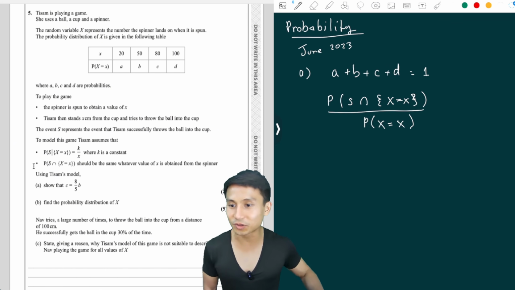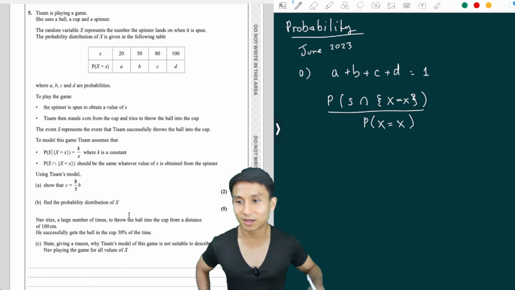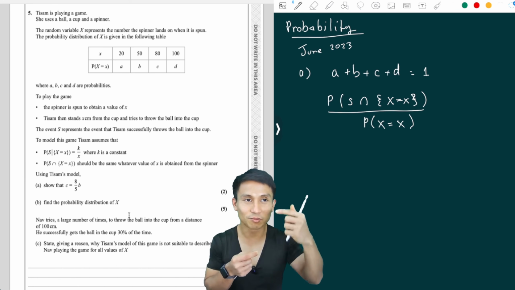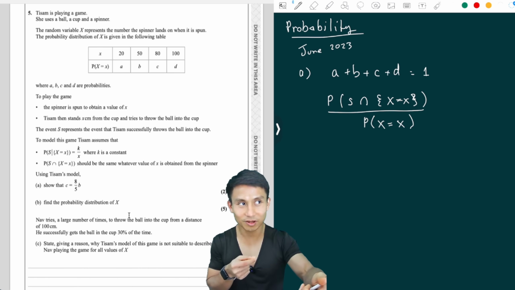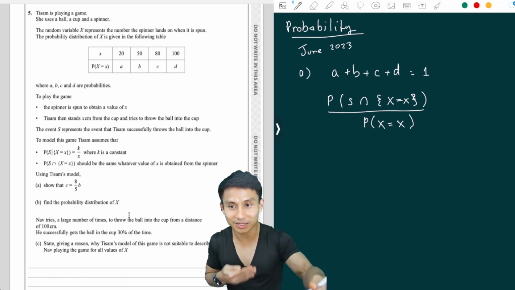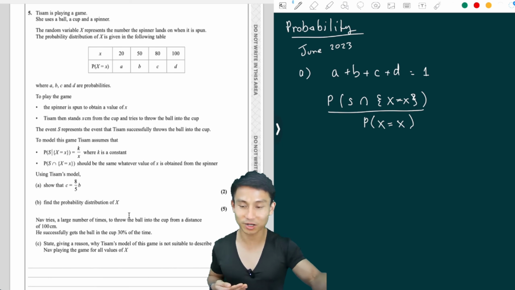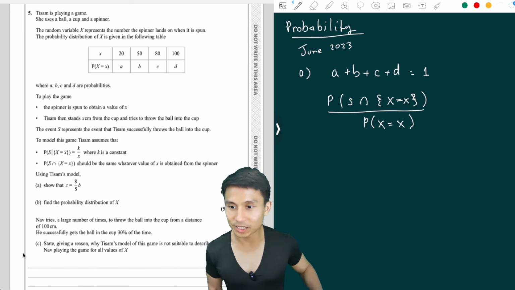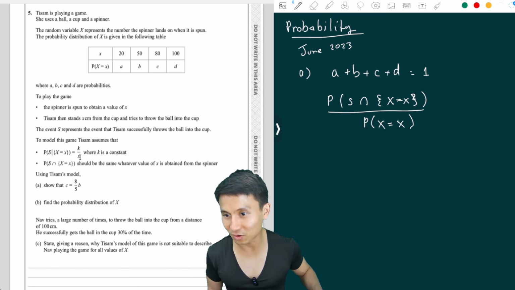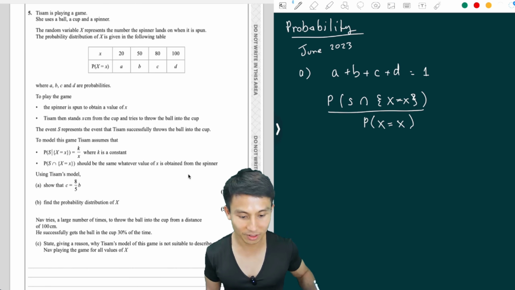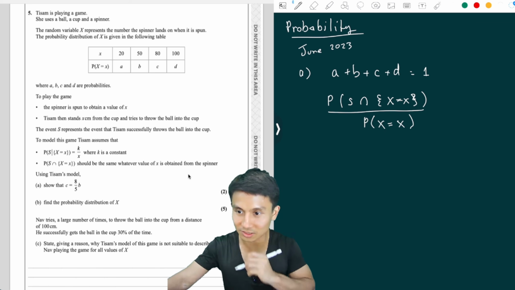This gives the probability of the ball getting into the cup when she stands at a particular distance x centimeters away from the cup. So if x is 20, this is k over 20. If x is 50, this is k over 50. And this is the condition there.